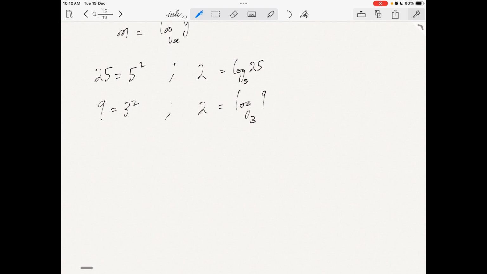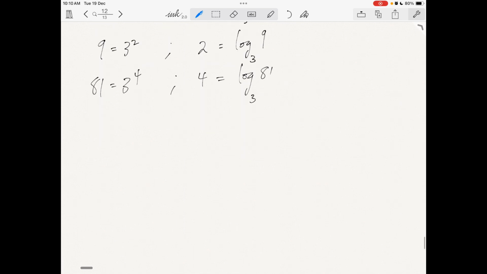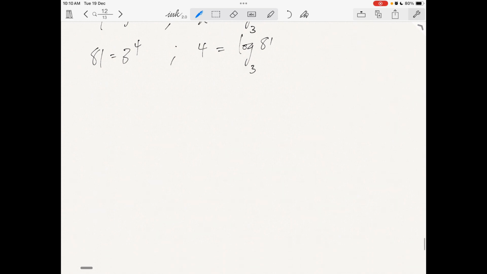And if I have 81 is equal to 3 raised to power 4, I'm saying that 4 is equal to log 81 to base 3.